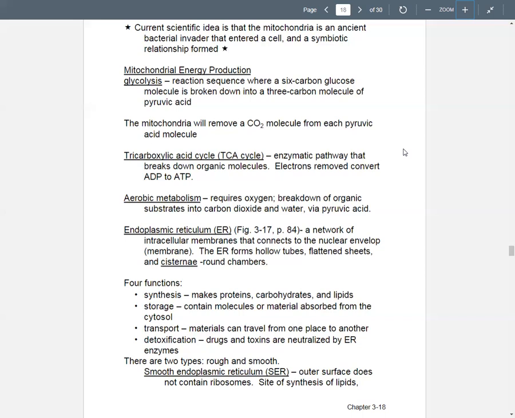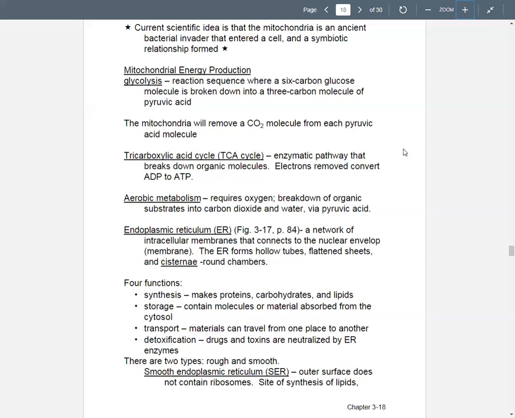These are negatively charged subatomic particles that are removed. And they convert ADP to ATP, so they convert adenosine diphosphate to adenosine triphosphate. Remember, we learned about those molecules at the end of chapter 2 in our discussion of nucleic acids.